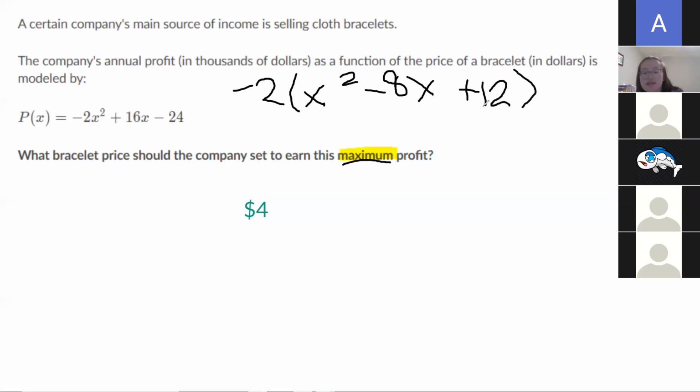Okay, so let's go back. What are the factors? What times what multiplied gives you 12, but added together equals -8? So 12 is a factor of -2 and what? 6.